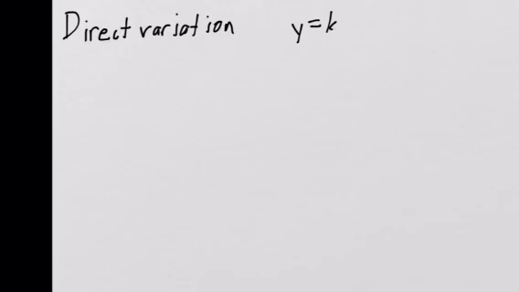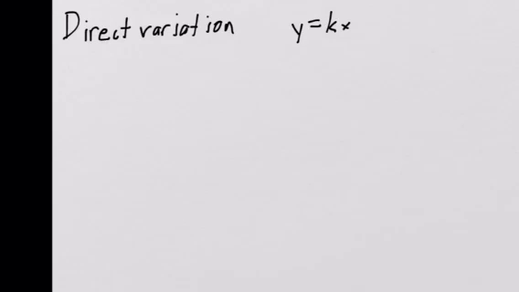In this video, we're going to take a look at some of the different types of variation that we have, and then things that you can do with that. So the two main types of variation that we have are direct variation, which will usually be indicated with y equals kx.